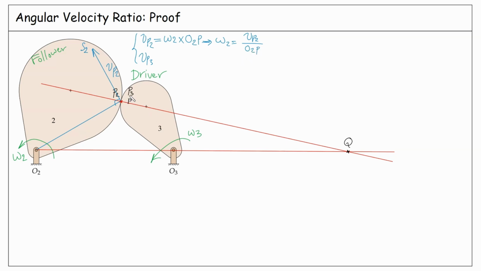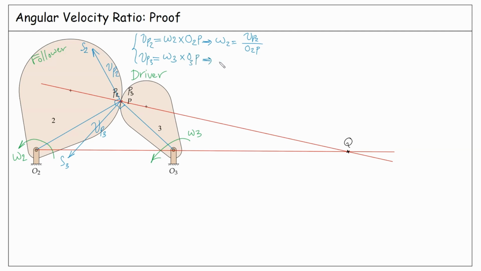Similarly, for the velocity of P3, if I connect P3 to the rotation center of link 3, the velocity of P3 is perpendicular to this line. Velocity of P3. I call the endpoint of this vector S3. And the magnitude of the velocity of P3 is omega 3 times O3P.